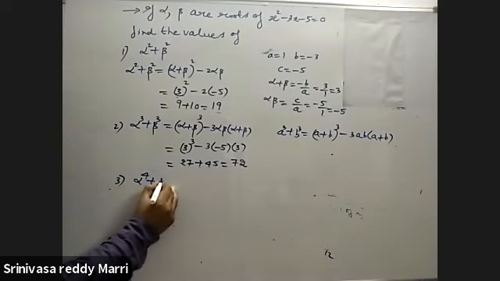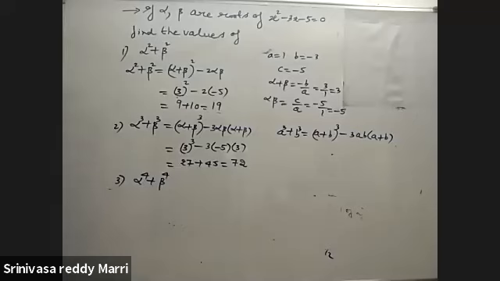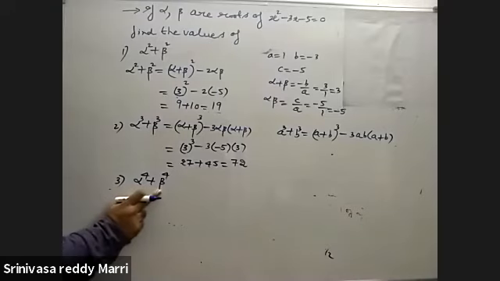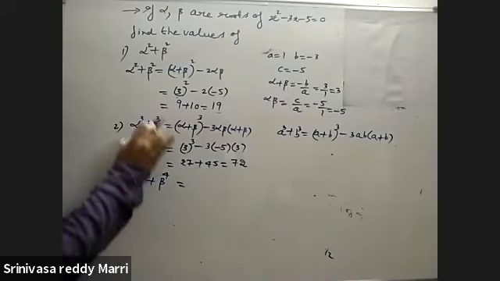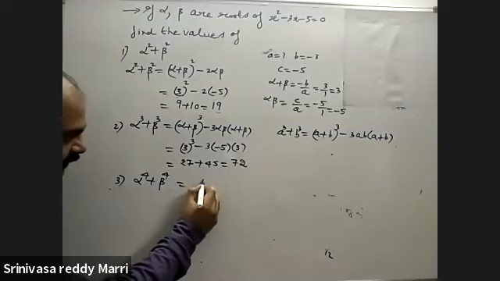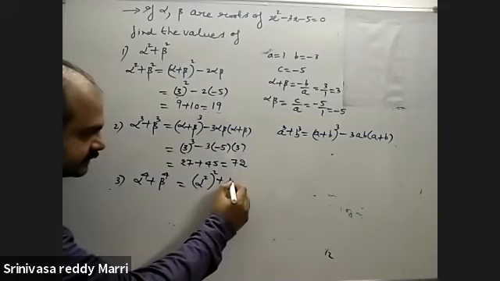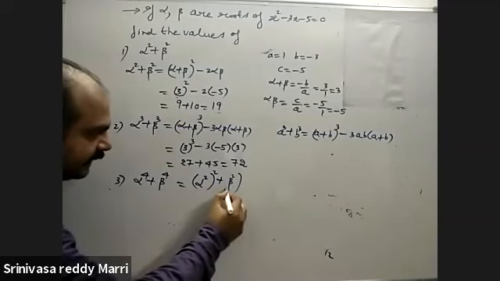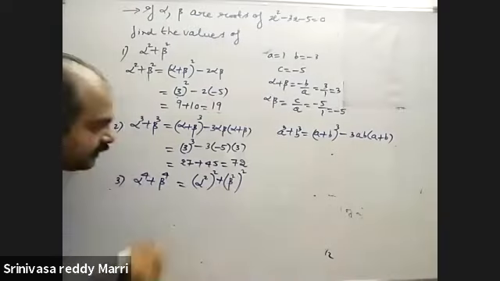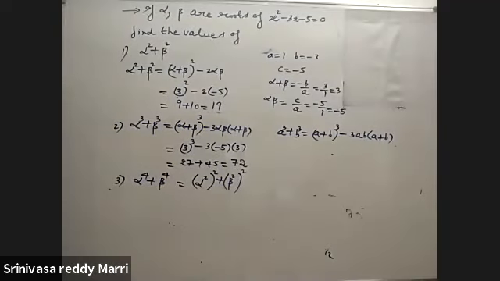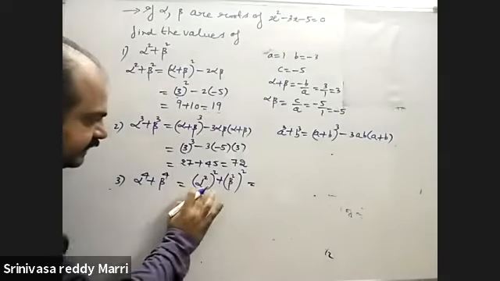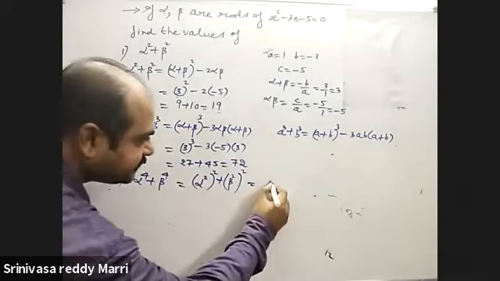alpha to the power 4 plus beta to the power 4. Look at alpha to the power 4 plus beta to the power 4. Now look at alpha square plus beta square, you can write it like this: alpha square whole square plus beta square whole square. So this is nothing but a square plus b square.